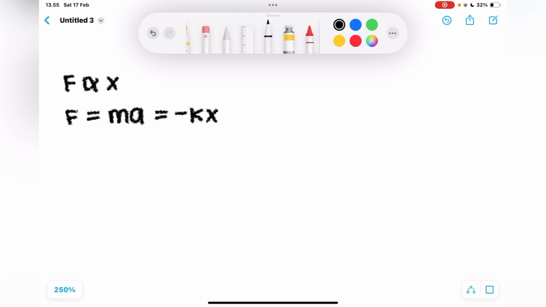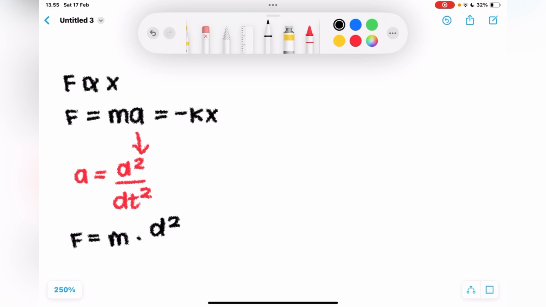From here, we can derive a, acceleration, as the second derivative of x, d squared x over dt squared. If we plug this back into the equation, F is equal to m times d squared x over dt squared, which equals negative kx.